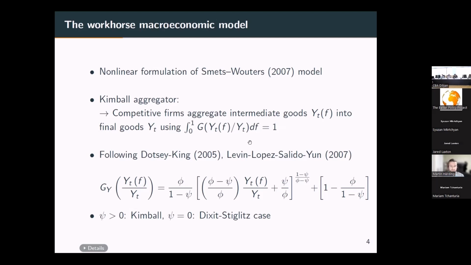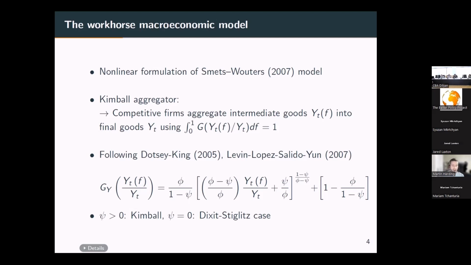What we do, you have to come up with a function for this G. And what we do here is that we follow Dotsey and King and Levin, Lopez-Salido, and Yun, and we use their formulation of this G function, where this phi here is going to be the gross markup, and this psi parameter is going to be summarizing the degree of curvature in the Kimball demand functions.